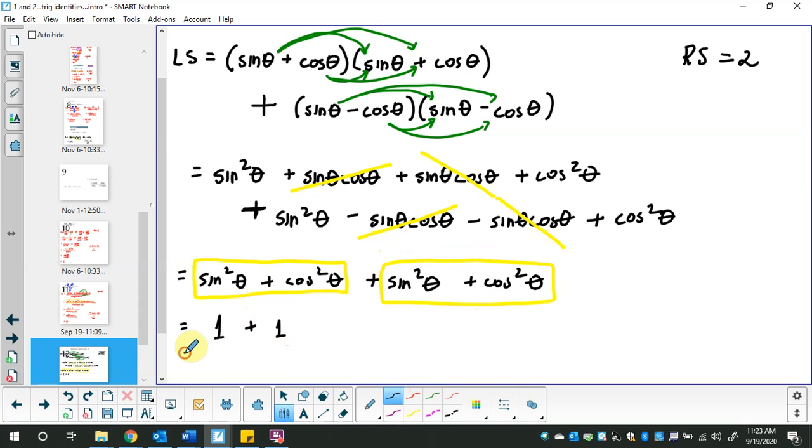And last time I checked, 1 plus 1 is 2, so they match. And I'm super happy. All right, 2 more.